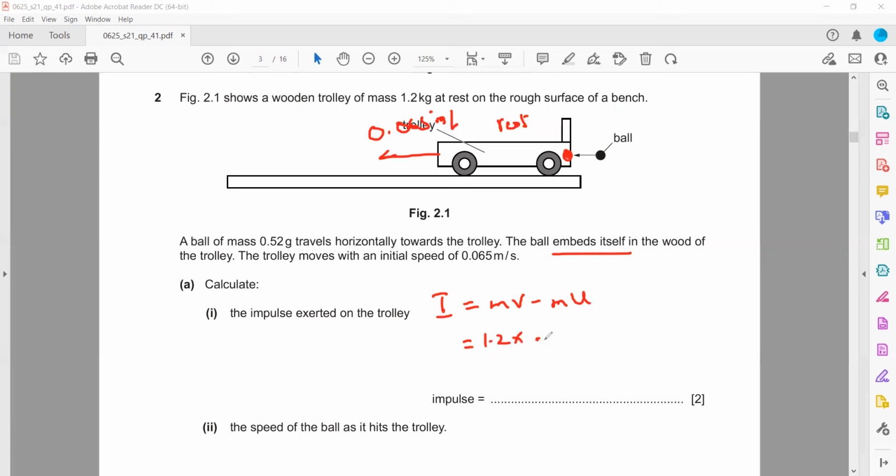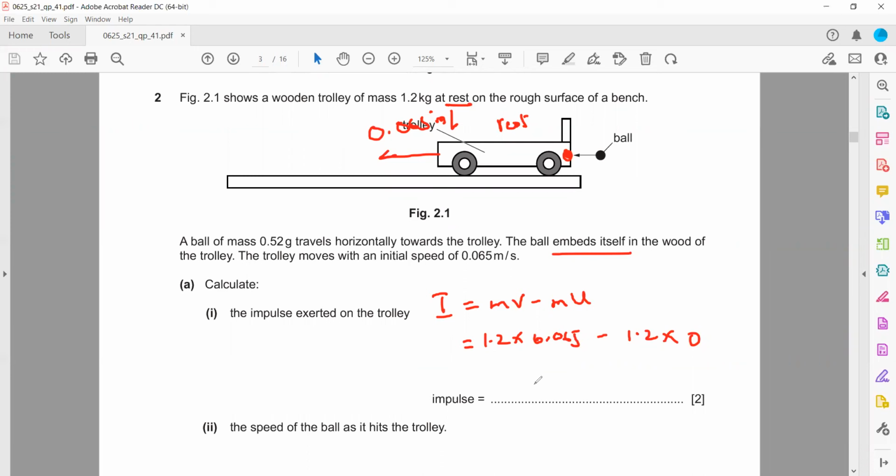So 1.2 multiplied by 0.065 will give us the impulse, which is 0.078 newton second or kilogram meter per second.